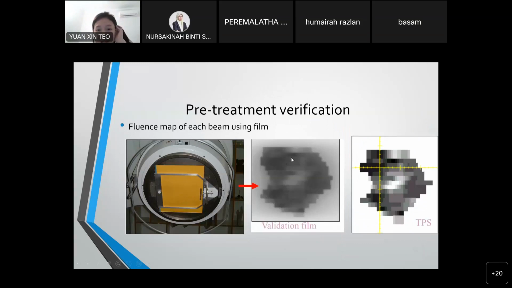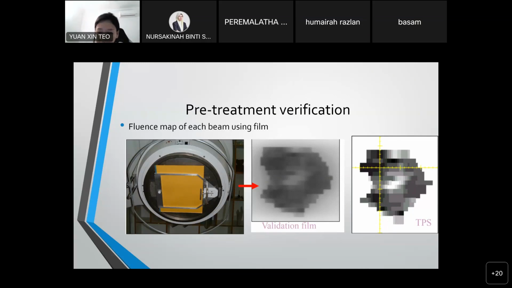At the end, you will see this fluence map. Then we will compare with our TPS. There is a lot of software where you can compare this kind of fluence map, but I never do this in my hospital because we don't have film, and we don't have the developer. So normally we will use other QA tools to do all these pre-treatment verifications.